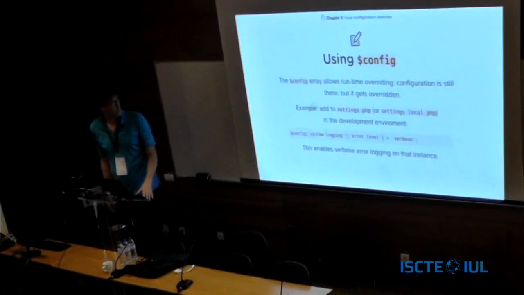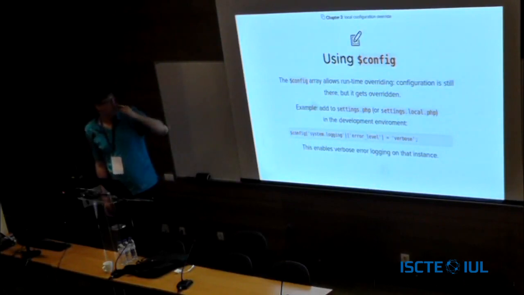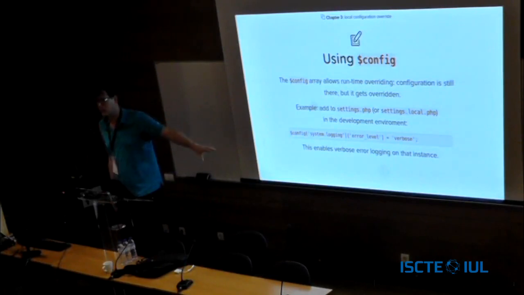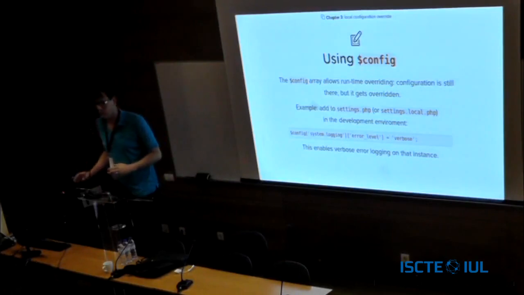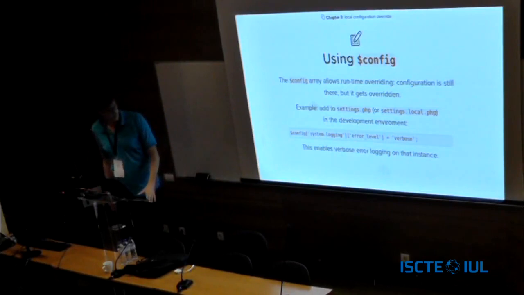It's meant to be used, for example, in settings.php with the config variable, and you can override the configuration there. For example, the system logging error level: you can set it to verbose, and even though your configuration says it should only log minimal, on your development it can log everything.